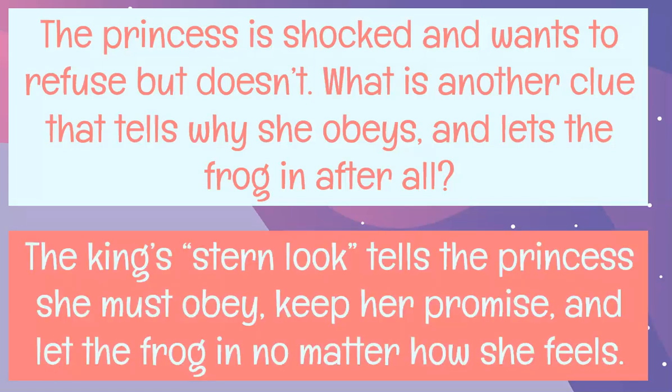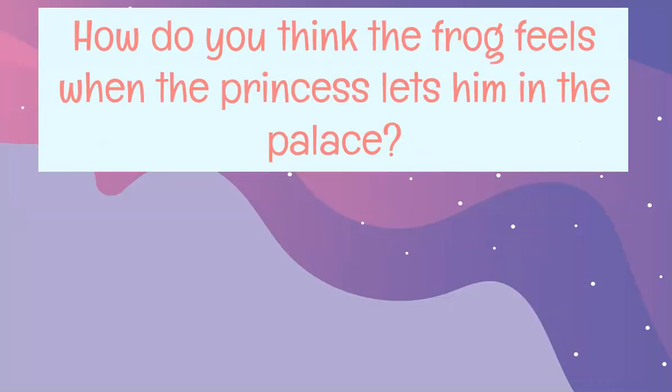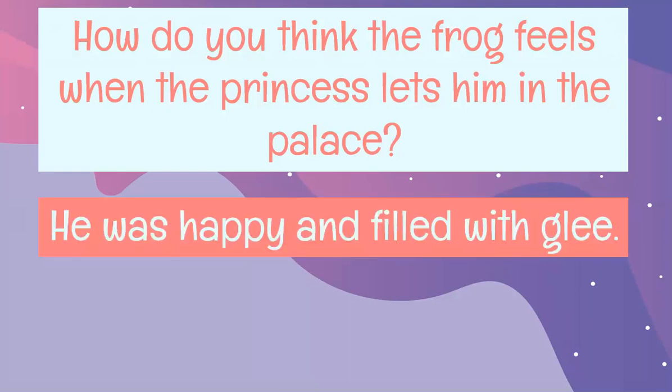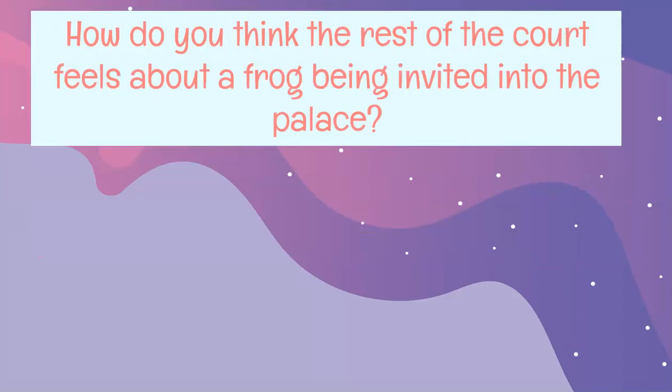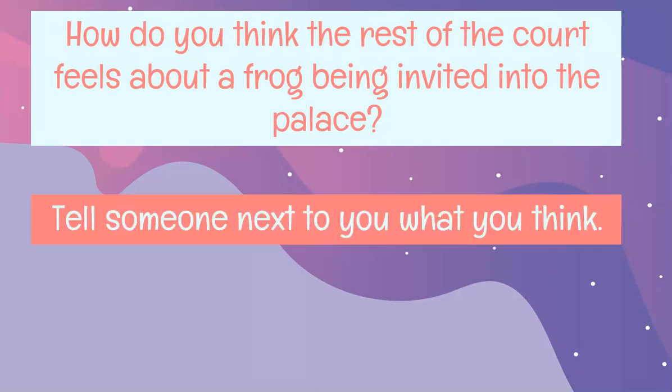The king's stern look tells the princess she must obey, keep her promise, and let the frog in no matter how she feels. How do you think the frog feels when the princess lets him in the palace? He was happy and filled with glee. How do you think the rest of the court feels about a frog being invited to the palace? Tell someone next to you what you think.